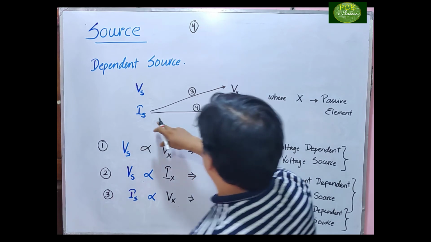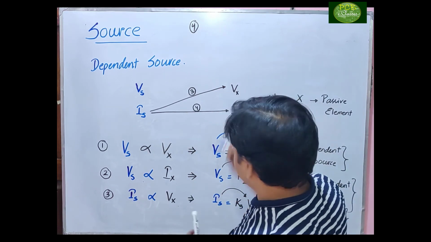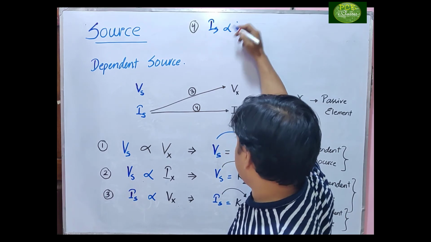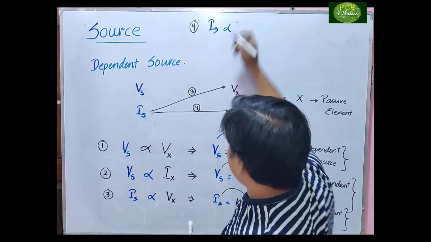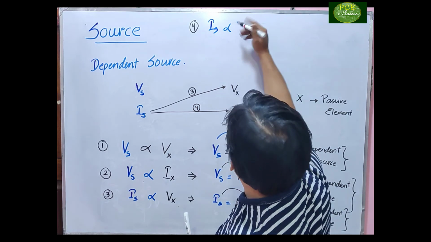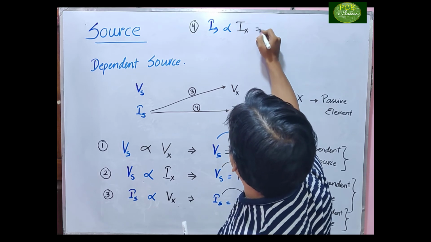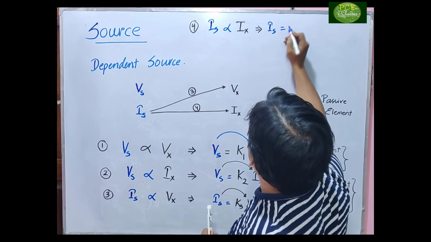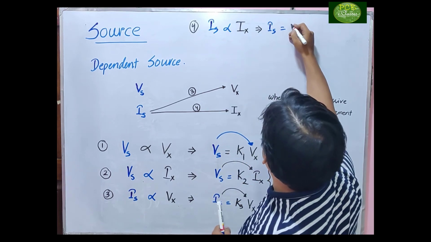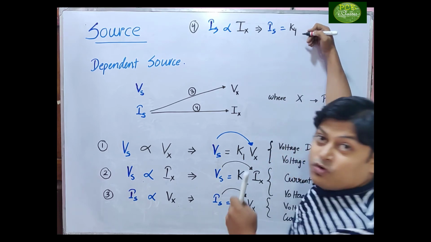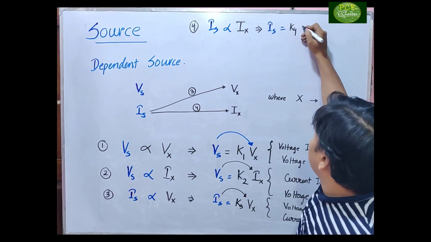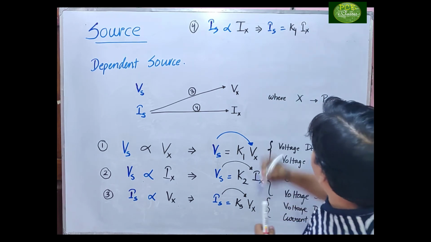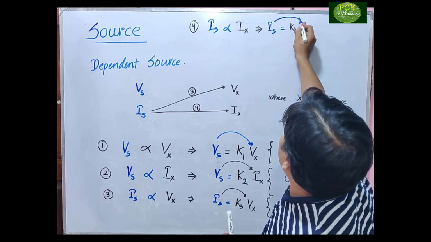Let us see the fourth case. For the fourth case, what is it? This Is is proportional to, it is depending on Ix, which implies Is equals K4 times Ix, where K4 is a constant of proportionality. What does it mean? Is is depending on Ix.